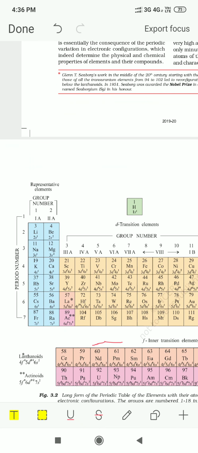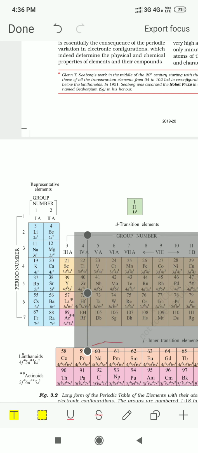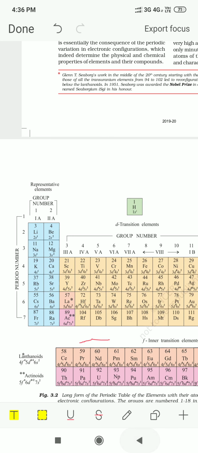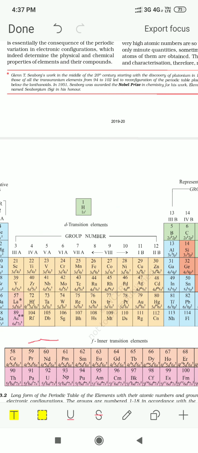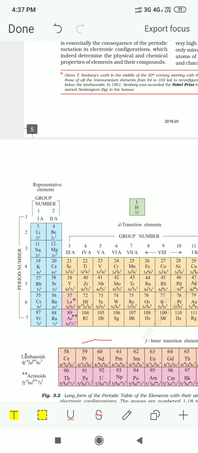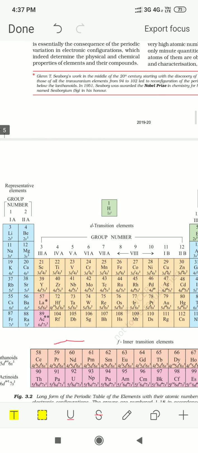This forms the first transition series, starting from scandium and ending at zinc in the fourth period. Similarly, in the fifth period, we have the second transition series starting from yttrium and completing at cadmium.